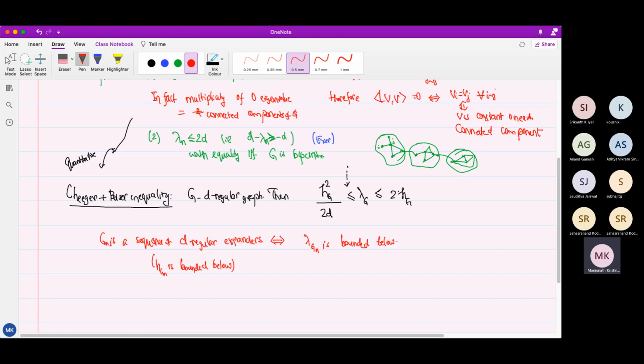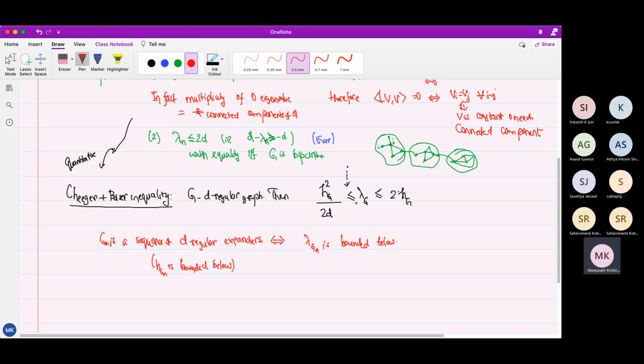So what I'm saying is that from the point of view of expanders, what we wanted was a sequence of graphs with expansion coefficient bounded below. But by these inequalities, it is the same as saying that the second eigenvalue is bounded below, nothing else. Because h g n goes to 0 means lambda g n goes to 0, and vice versa.